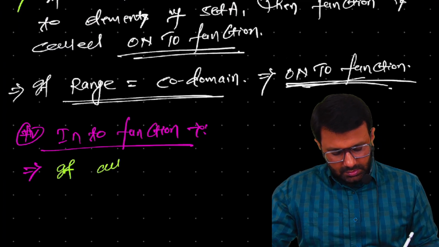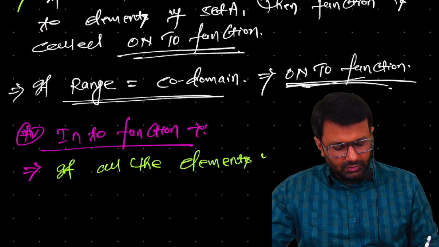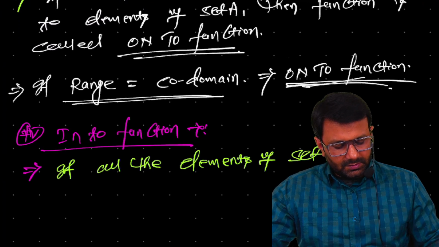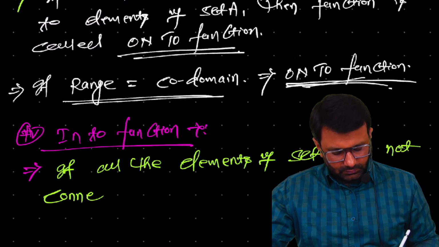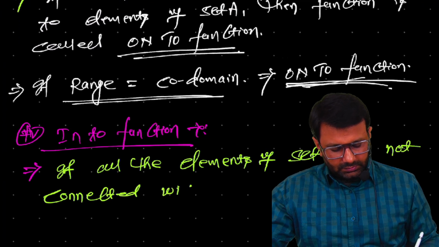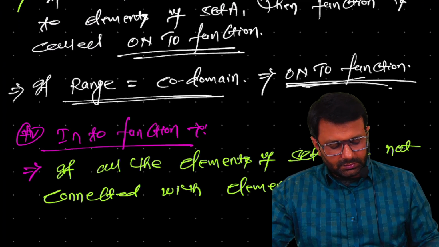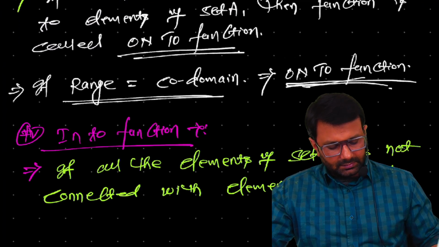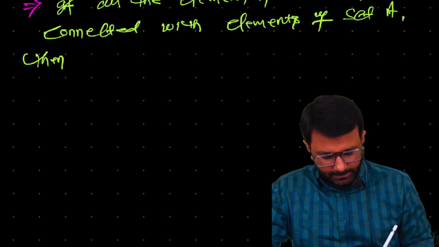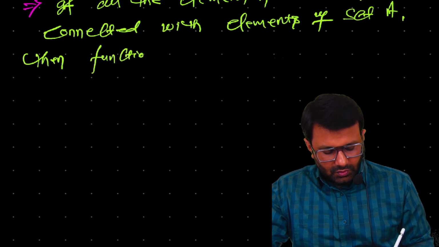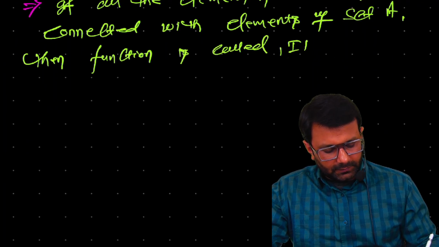If all the elements of set B are not connected to elements of set A, then the function is called an into function.